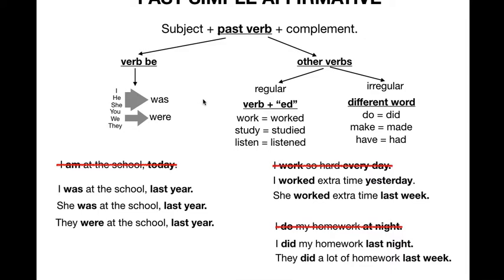If you are using I or we or she or they, every subject is with the same word. If you say I worked, it's going to be she worked or they worked. Or for example, with did: if you say I did, it's going to be he did or they did. That's the same, okay? This is basically the past simple affirmative form.